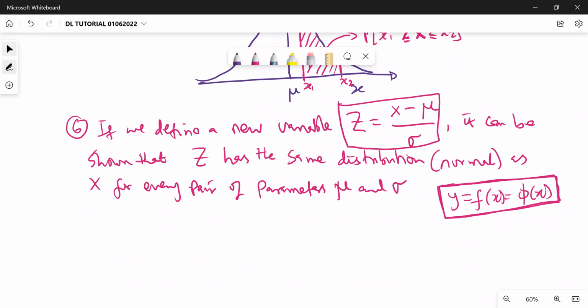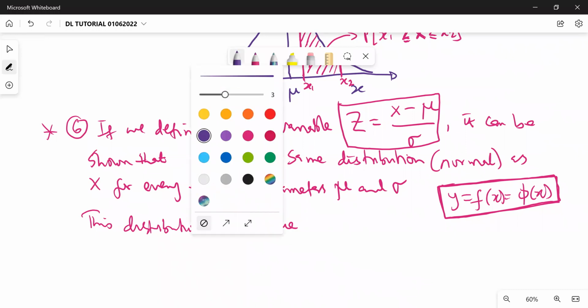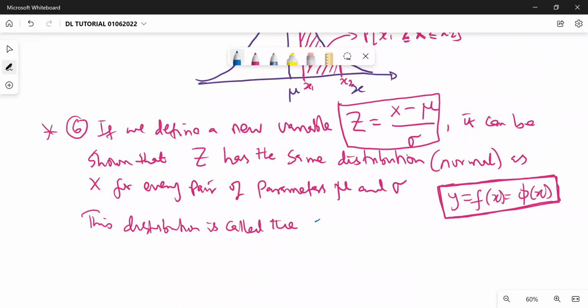Now, this distribution, the one that we are defining for this variable here, is called the standard normal distribution.